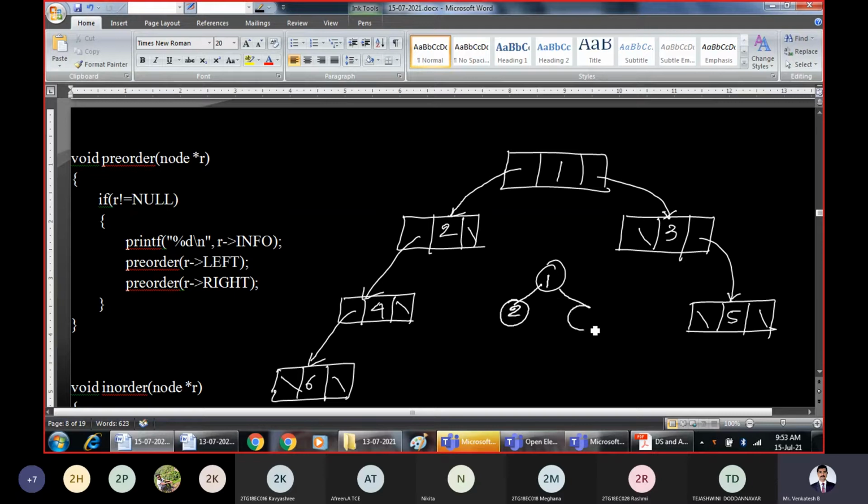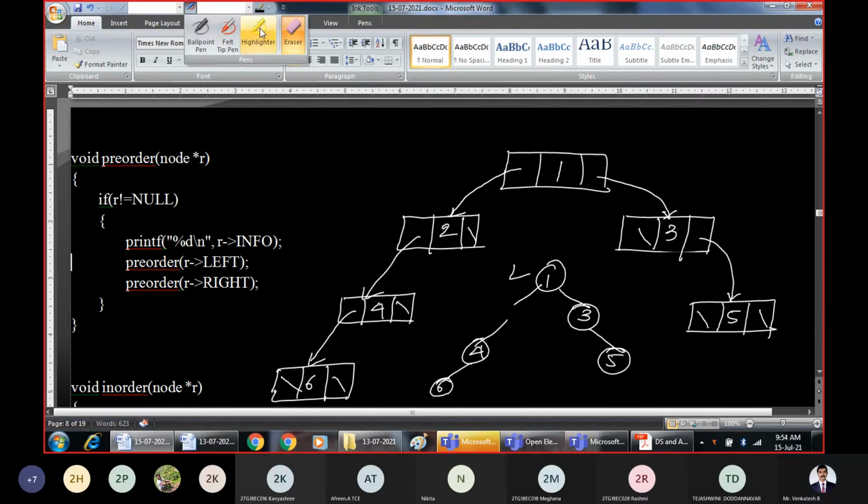So 1, 2, 3, 4, 5 and 6. This is how we represent the tree. We'll be concentrating only on the information part, but for tracing purpose I have considered it in its exact node representation form.